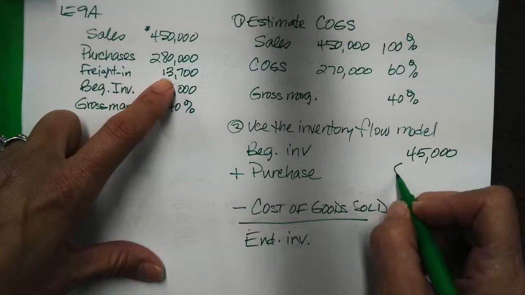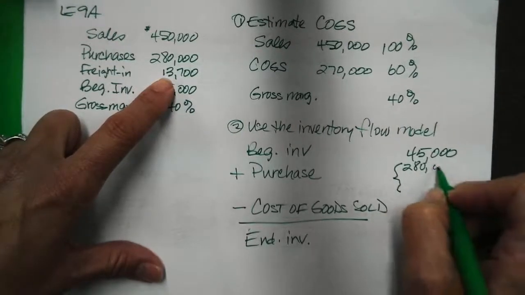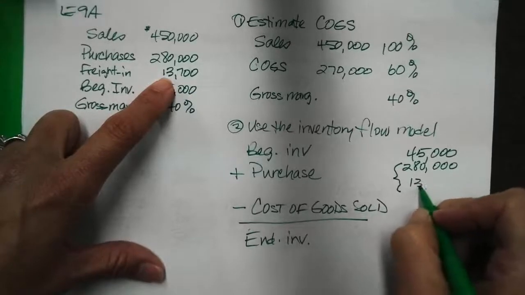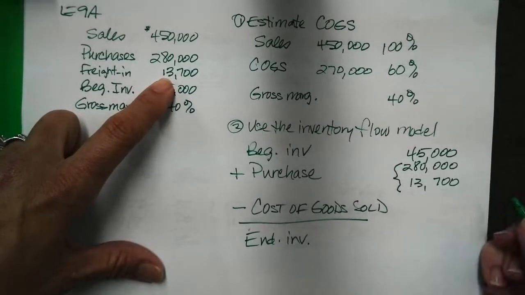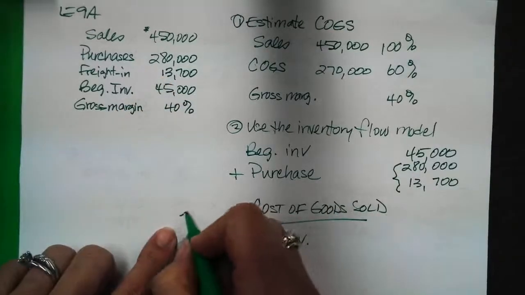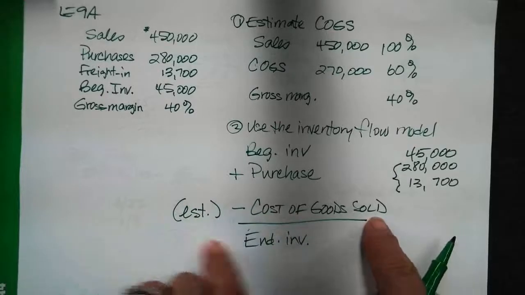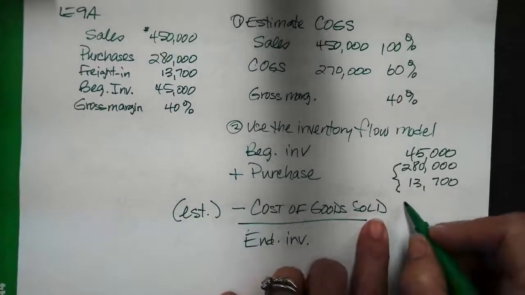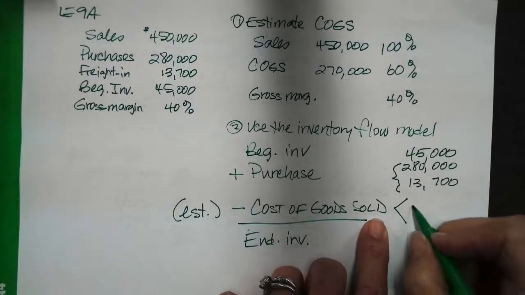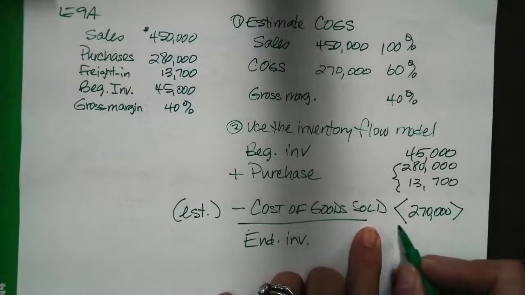So I'll just do this. 280,000 and 13,700. Okay? We just estimated, I'm going to write estimated out here so we don't forget that we made this number up. We estimated this number. We just estimated cost of goods sold to be 270,000.